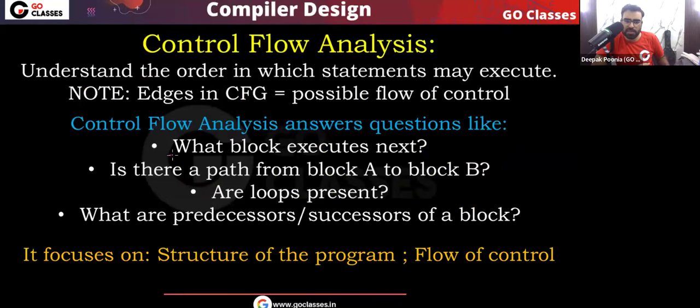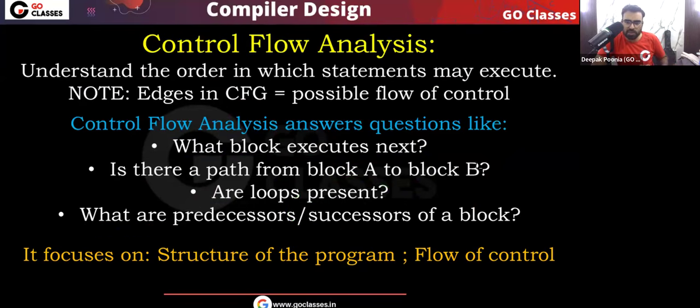If you want to answer the question of what block will execute next, or, for example, is there any loop in your control flow graph? Is there any loop? That also will be told by the edges. Yes or no? For example, is there a path from block A to block B? What are the predecessors of a block? What are the successors of a block?